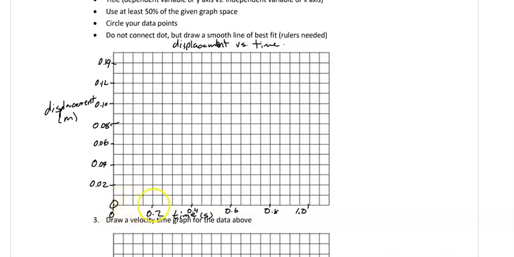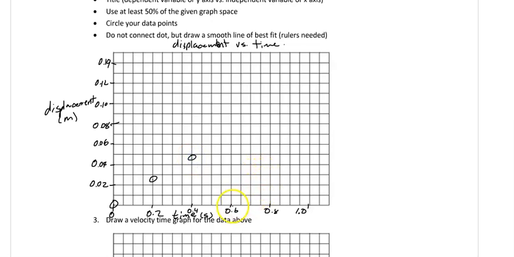The next one is at a time of 0.2, and we've got a displacement of 0.024. Next one we've got is 0.4 at a displacement of 0.047, so somewhere around there.